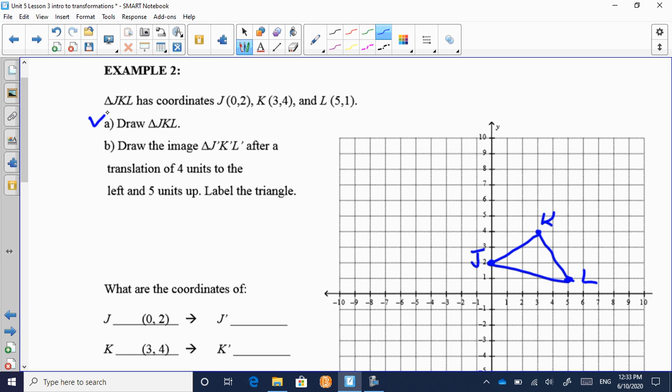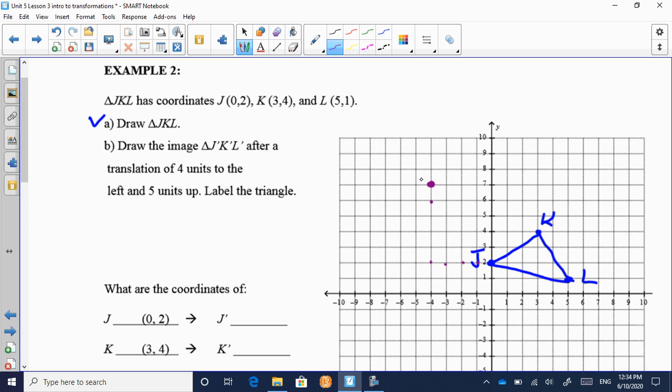And now it says draw the image of J prime, K prime, and L prime after a translation of 4 units to the left and 5 units up. Okay, so I'm going to pick a different color. So let's move J. So we'll move J 4 units to the left. 1, 2, 3, 4. And then 5 units up. 1, 2, 3, 4, 5.